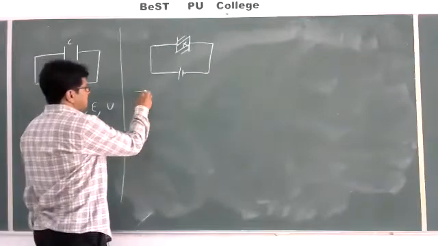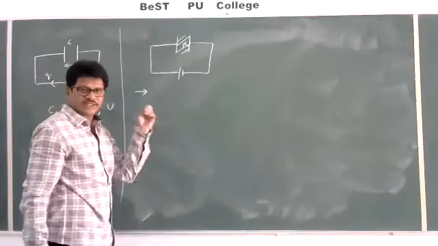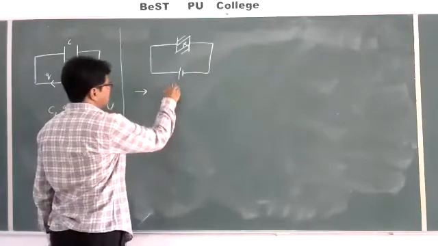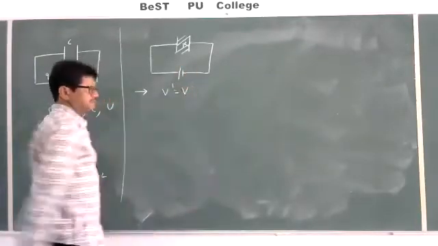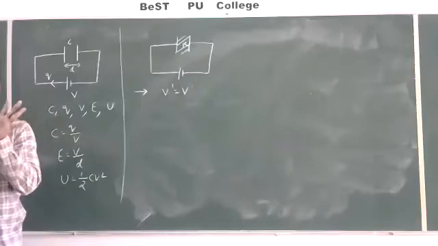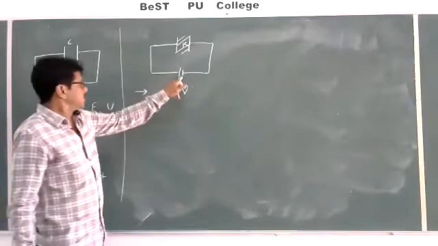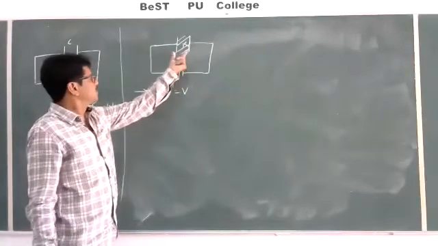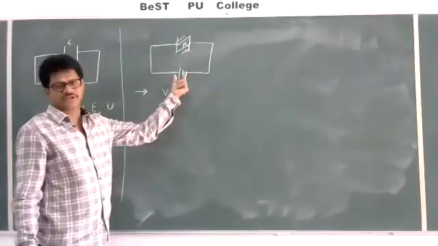So in this case, since the battery is still in connection, the potential difference remains constant. That is the basic point we need to remember. Since the battery remains in connection, potential difference remains constant.